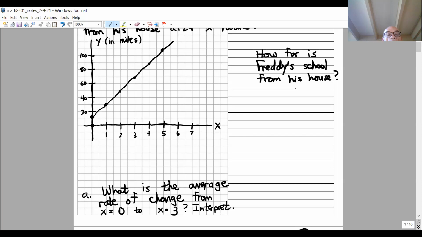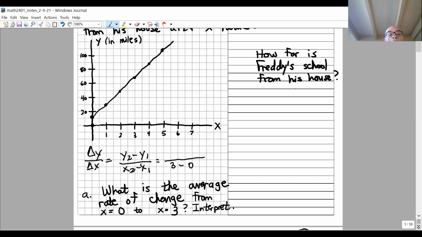So you don't really have to think too much about what's being asked of you here. You can just grind through the calculations. So we would have delta y over delta x, and remember, that's going to be y2 minus y1 over x2 minus x1. The x2 here is 3, and the x1 is 0.